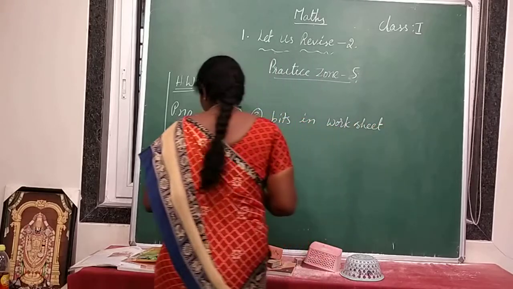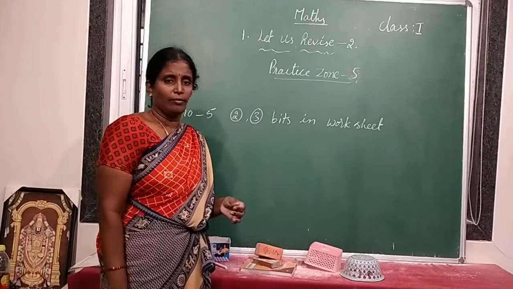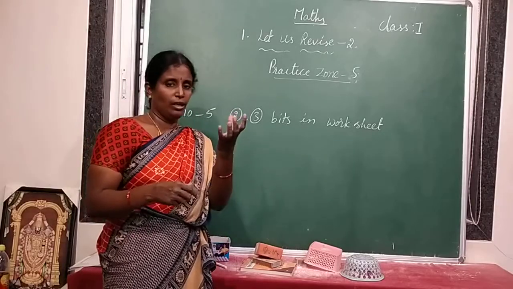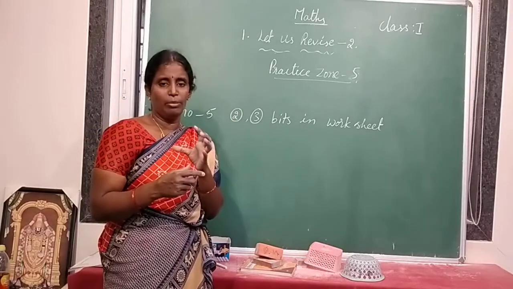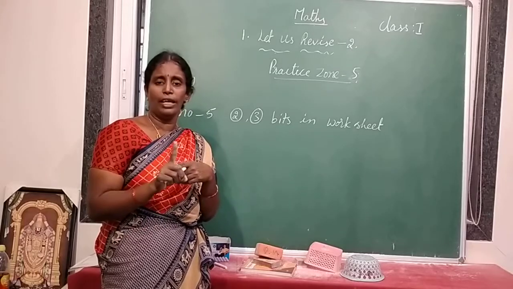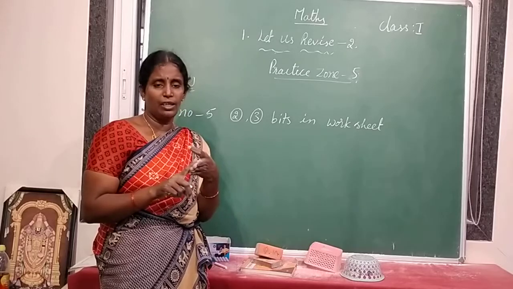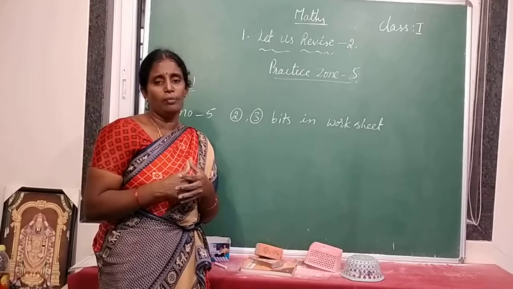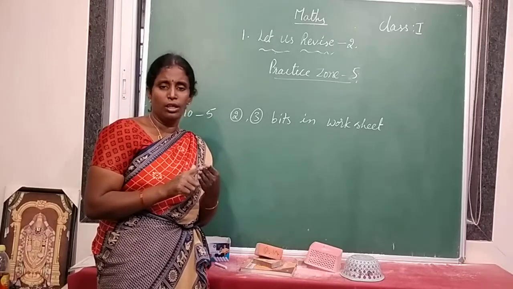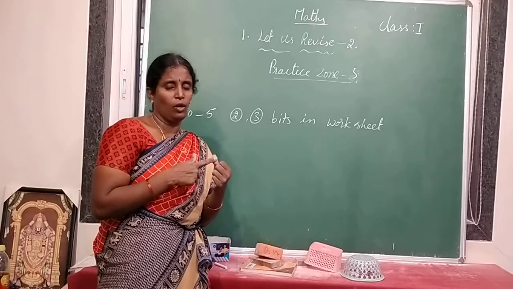And next, keep all those books aside and take some objects. Everybody take a ball. If you do not have a ball, take any toy, one pencil, one book, an eraser. Take 3-4 objects: pencil, eraser, sharpener, book, and one water bottle. Have you taken them? Okay.